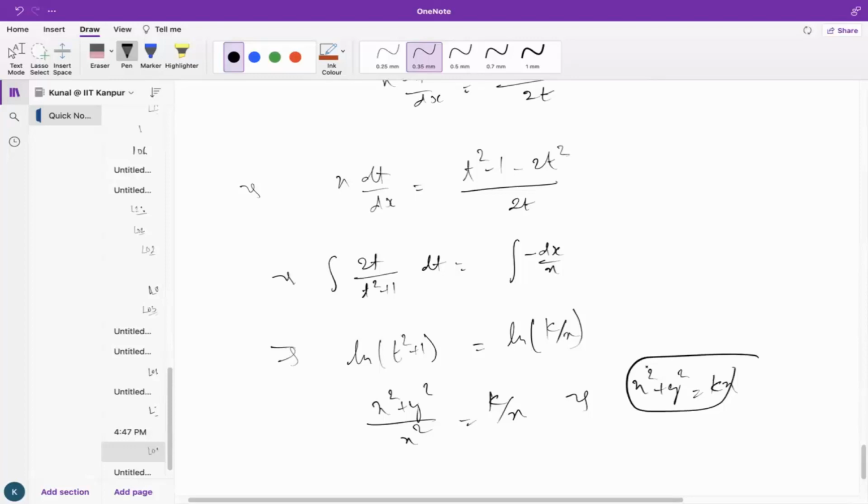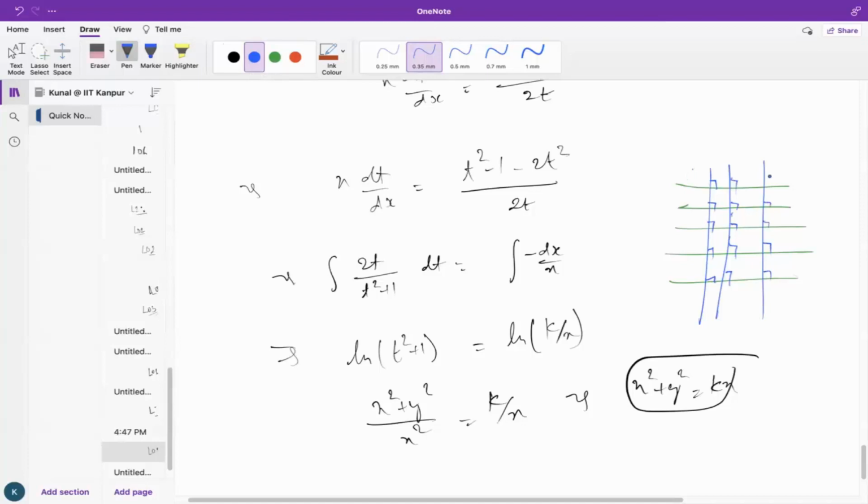Okay. Now one thing you have to pay attention to: whenever we find orthogonal trajectories, let us suppose our curve looks like this. These are some parallel lines. Okay, and these are our trajectories, which cut each of the curves at 90 degrees. So what I'm trying to say here is that this is also a family of curves and these are also a family of curves.